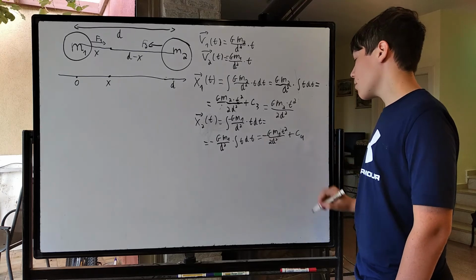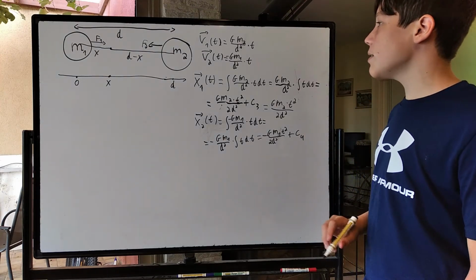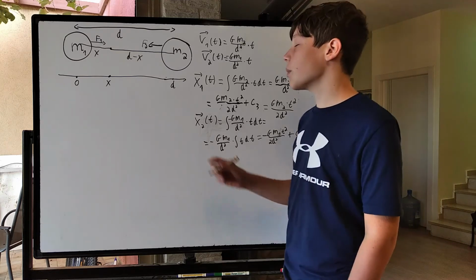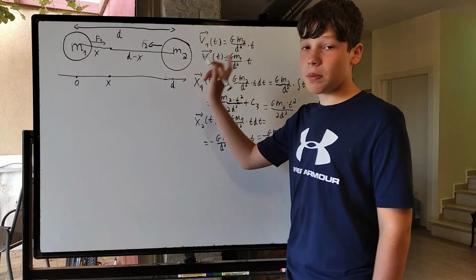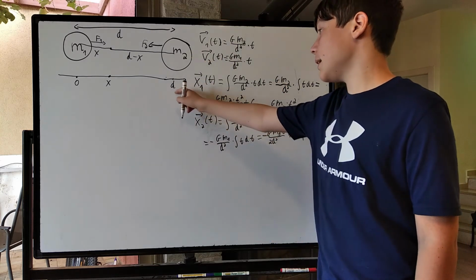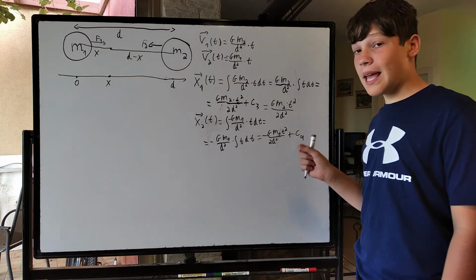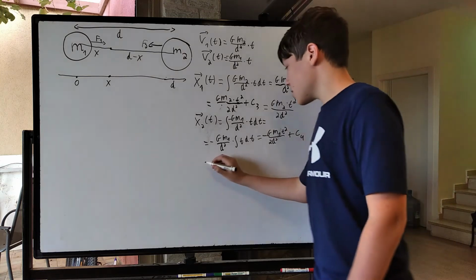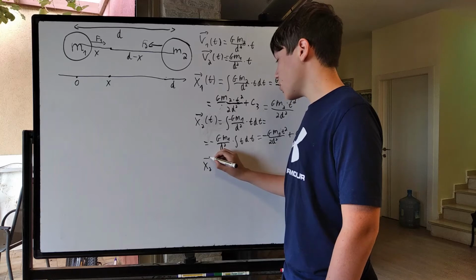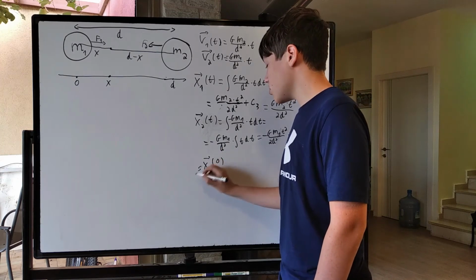So this is negative gm1 over d squared times t squared over 2, plus c4. And now we know that the initial position of the second object, m2, is d, meaning that when we plug in t equal to 0, we need to get d. So x2 of 0 is equal to d.